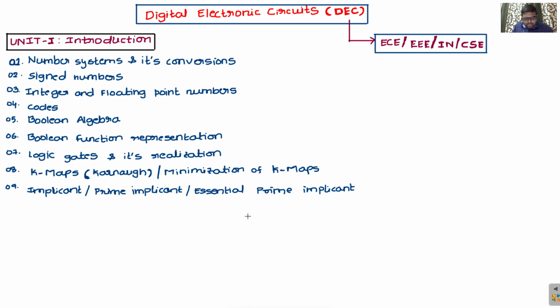So these are the nine topics which come under the introductory part, and this is the first unit: number systems and its conversions, signed numbers, integer and floating point numbers, codes, Boolean algebra, Boolean function representation, logic gates and its realization, K maps and minimization of K maps, implicant, prime implicant, and essential prime implicant.